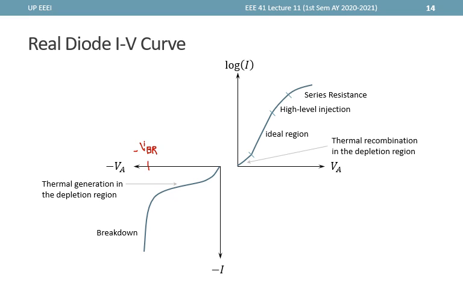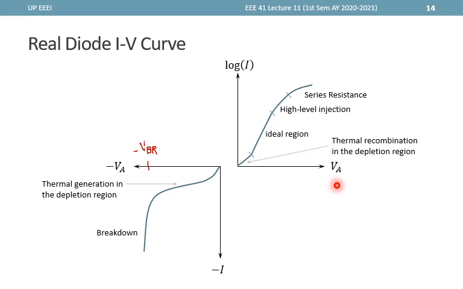Now, for the forward bias case, at low forward bias voltages, there is considerable additional current due to thermal recombination at the depletion region. However, that will be overcome by the ideal current at this portion.